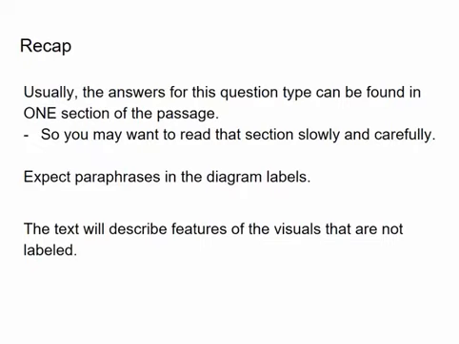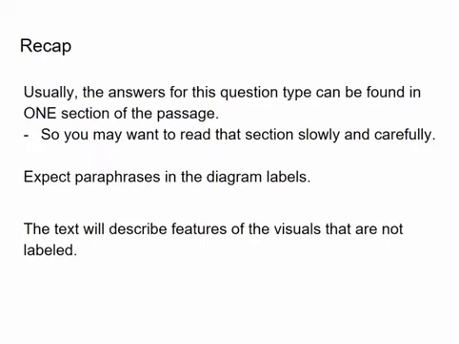And the last thing, the text will describe features of the visuals that are not labeled, okay? So expect that. That's something you get when you read through the passage carefully. You'll hopefully get a visual image from the reading that you can apply to the visual information that you have in the diagram to really make sense of it all and understand what you're looking at, okay?